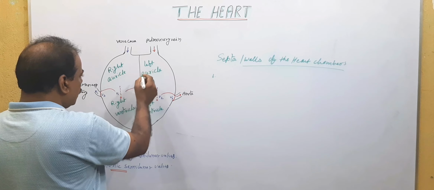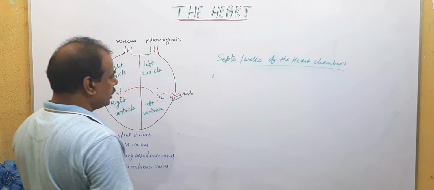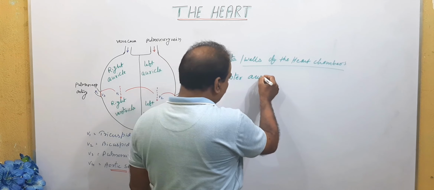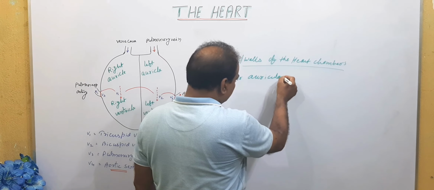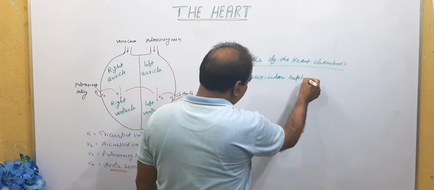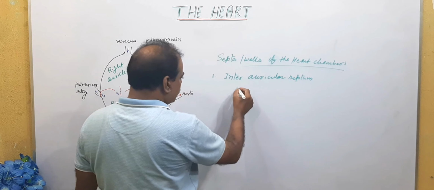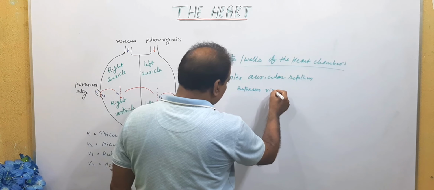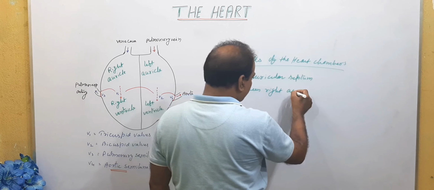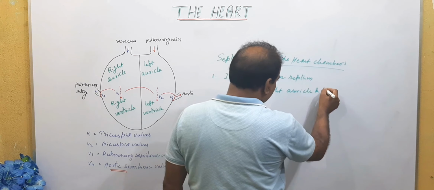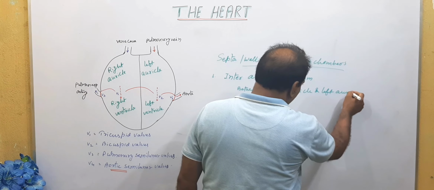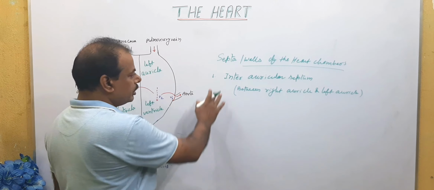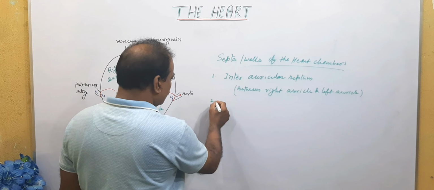Between right auricle and left auricle, the wall is known as interauricular septum. It is located between right auricle and left auricle. So between right auricle and left auricle, interauricular septum.